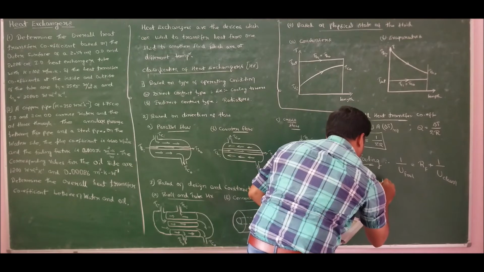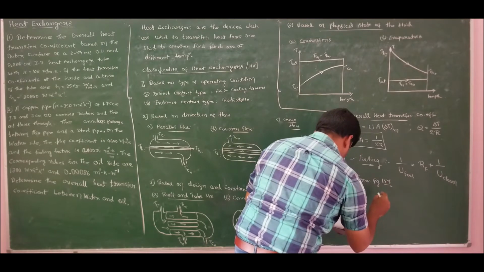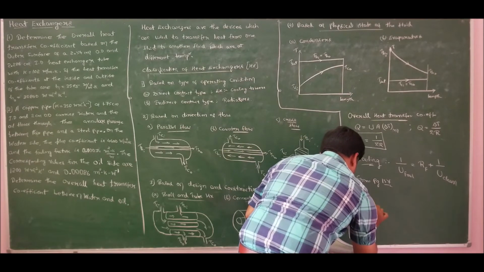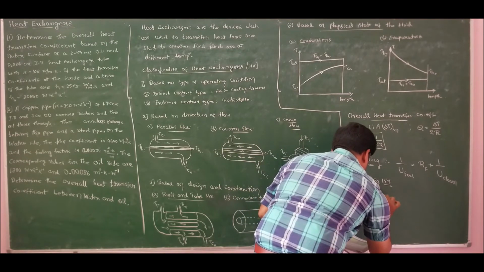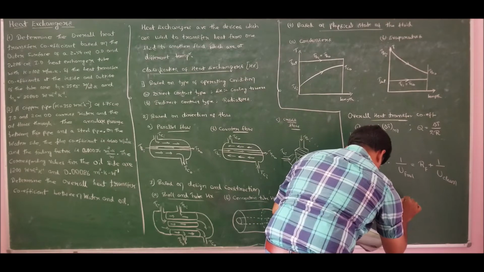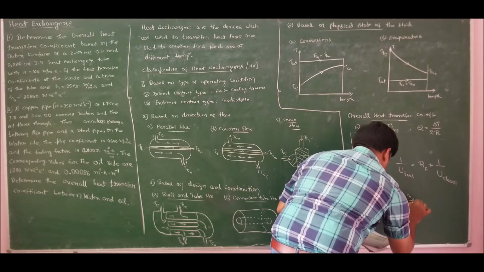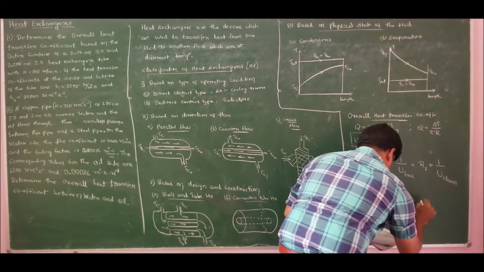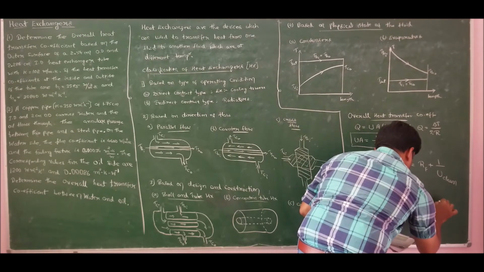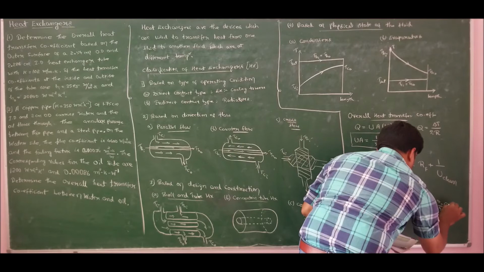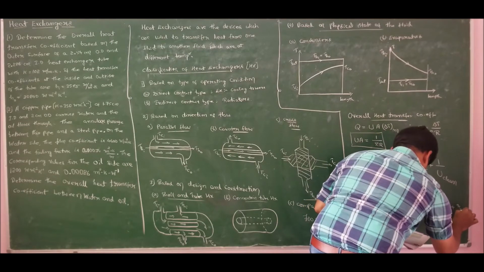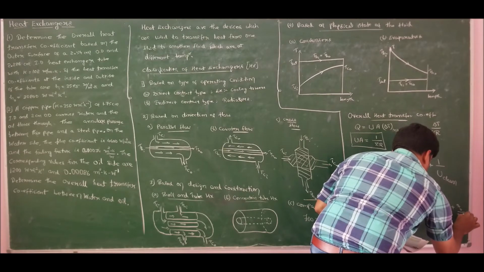From page 157 of the data handbook, we have the overall heat transfer coefficient: 1 by U naught is equal to 1 by H naught plus resistance due to fouling on outer surface plus R naught by K ln of R naught by Ri plus R naught by Ri, resistance due to fouling at inner surface plus R naught by Ri H A.